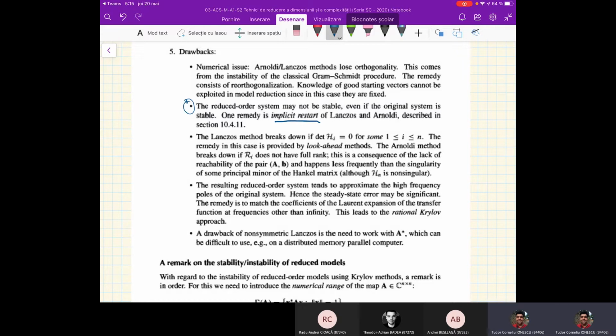Okay, but this is not so critical, I would say. What they say here is important: the resulting reduced order system tends to approximate the high frequency poles of the original systems. Hence, the steady state error may be significant.